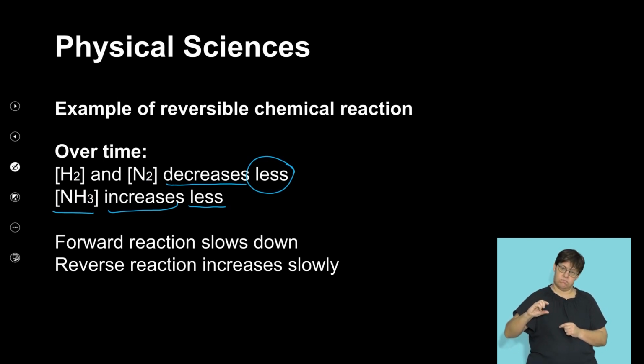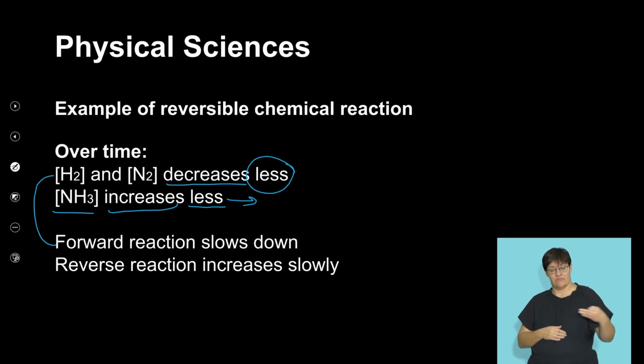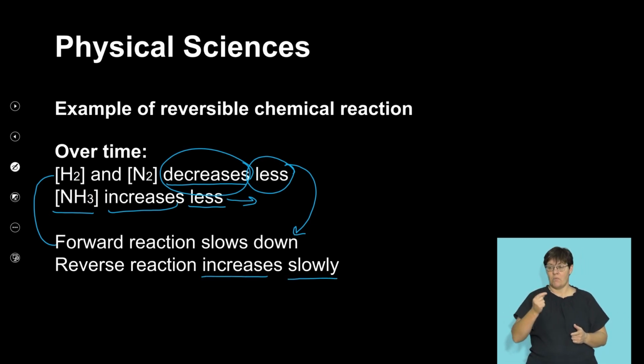So even though this reaction starts to increase the rate, it's not as fast as before. So the forward reaction now actually slows down because of this decrease. And the reverse reaction increases slowly because of the increase of my ammonia concentration.